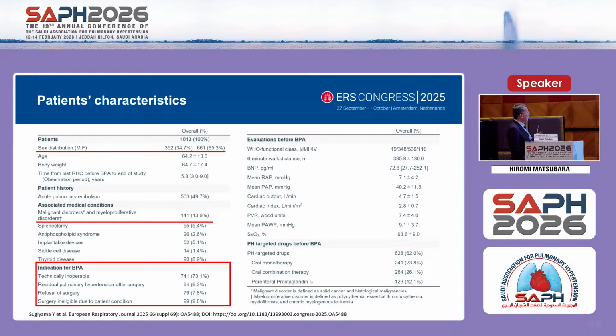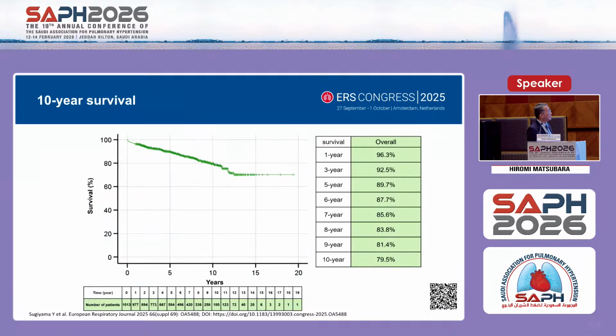The indication for BPA was mainly technically inoperable, and in some cases ineligible due to the patient's condition, meaning too old or too frail to be considered as a surgery candidate. So this is the entire survival rate.